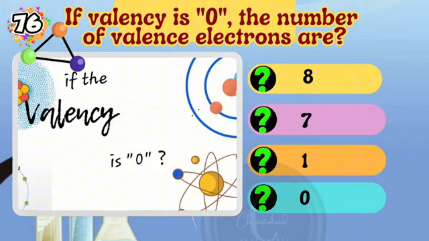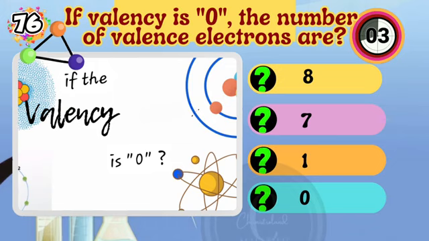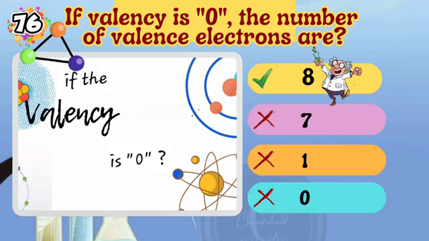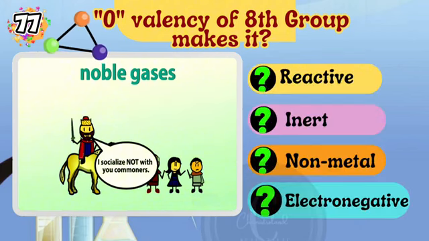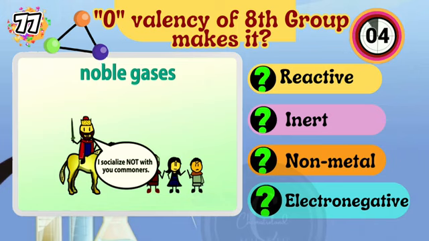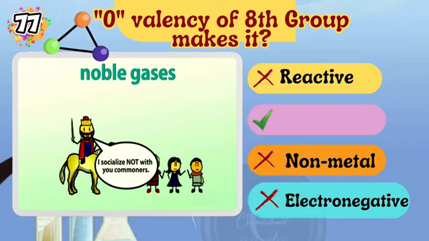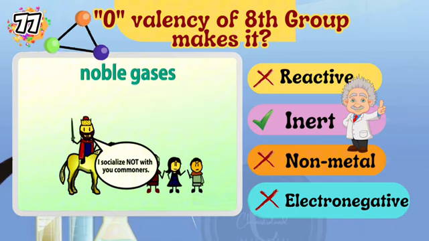If the valency is 0, the number of valence electrons are eight valence electrons. The zero valency of 8th group makes them inert.